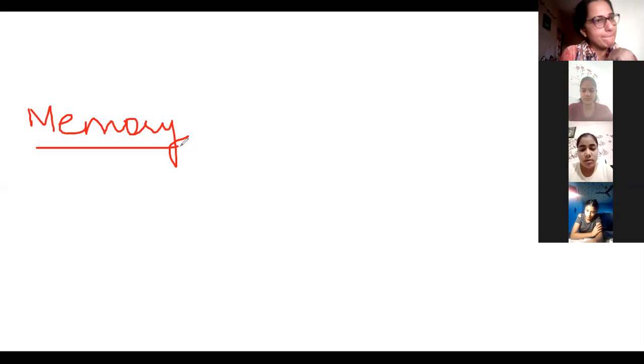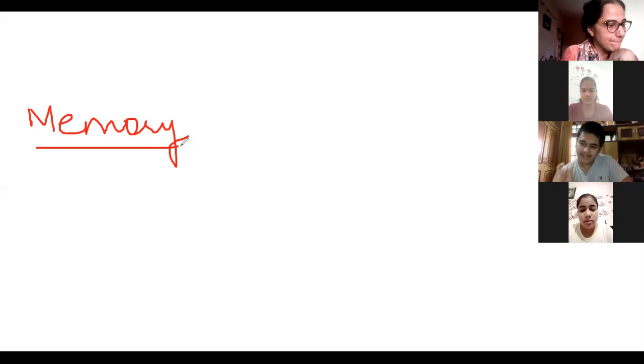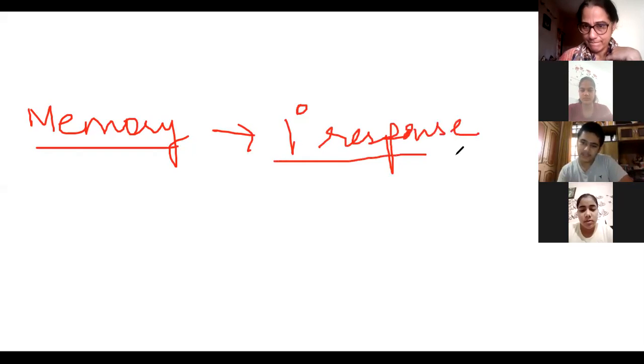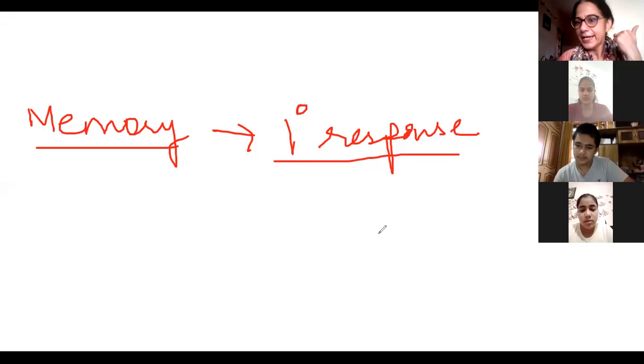When the primary response occurs, some memory T cells are formed, which are responsible for producing antibodies in the body, and which will affect the reproduction and mechanism of the virus when it attacks again. So it will not be able to proliferate in the body. Very good.